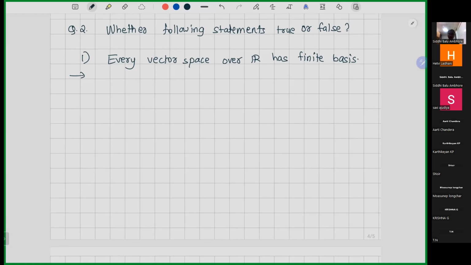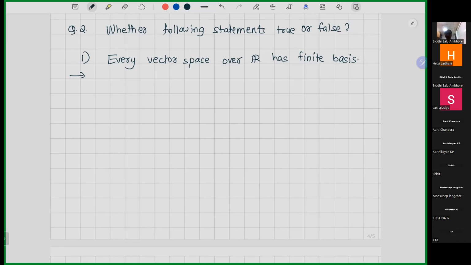R3 can have infinitely many linearly independent vectors. It's not asking that. That is a completely different thing.